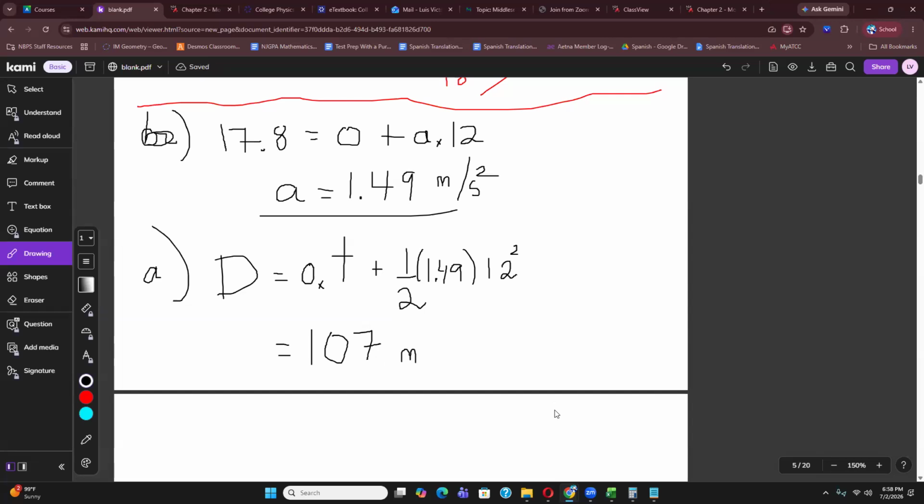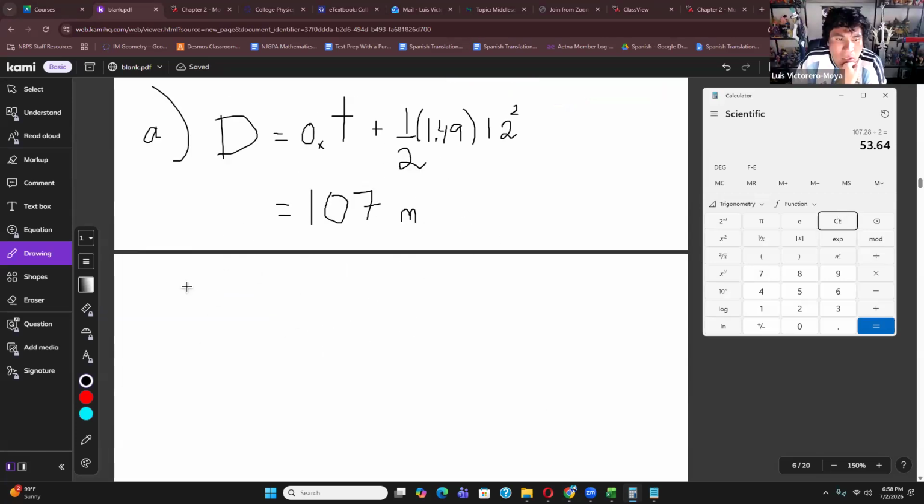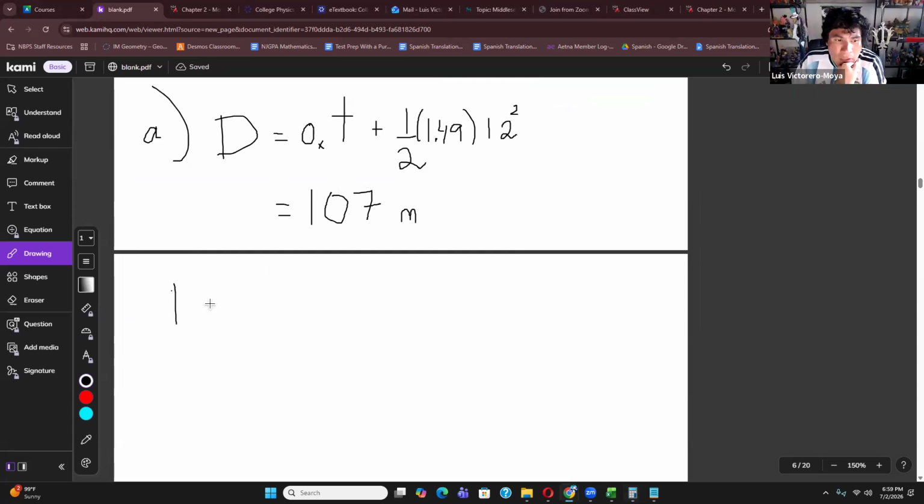I also had a question. Why do we have to use the one with the acceleration? Why can't we just use x equals 1/2 times v initial plus v final times time? You can use that as well. So x or d is 1/2 v final plus v initial multiplied by time, which is 12.